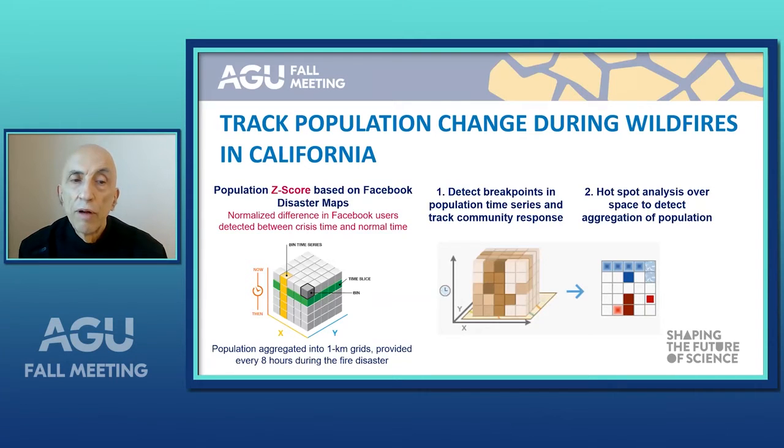So basically you have the normalized difference in Facebook users detected between crisis time and normal time. On the center panel, we can identify breakpoints in population time series and track community response. On the right side, we identified hotspot analysis to detect aggregations of populations, and of course, track movements of population.